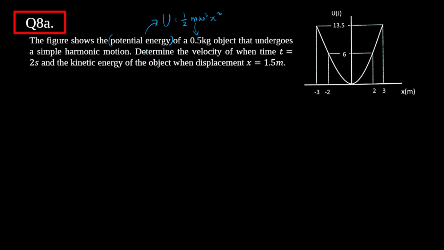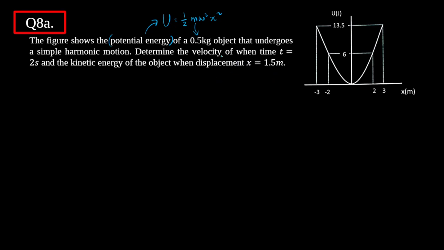The question goes, determine the velocity of the object when time t equals to 2 seconds. I do apologize for the typo there. And the kinetic energy of the object when displacement x equals to 1.5.